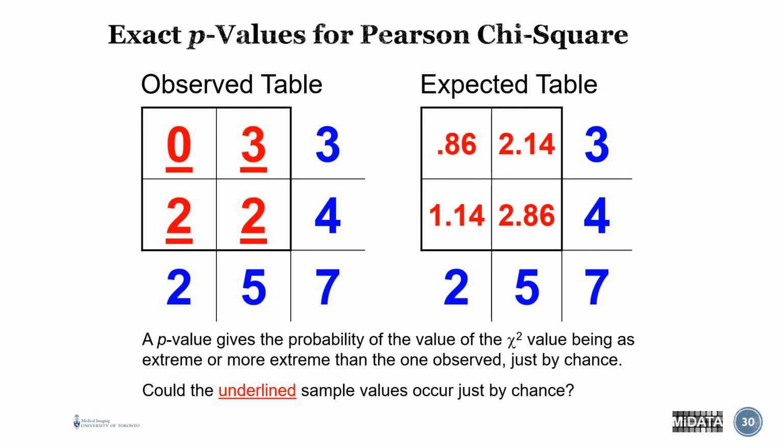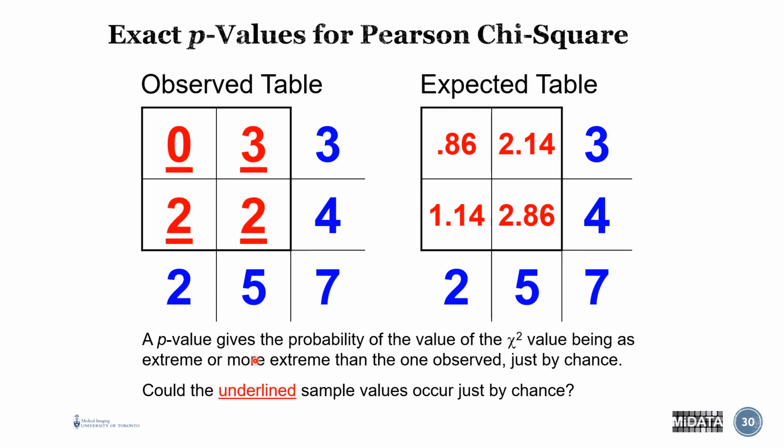So what do I mean by an exact p-value for the Pearson chi-square? Well, if we have a sample observed table here on the left, where we have our observed counts by rows and columns, and our expected table here on the right, where we have our expected counts that we calculated using the margins, we can state that the p-value will give us the probability of a chi-square value being as extreme or more extreme than the one observed just by chance.